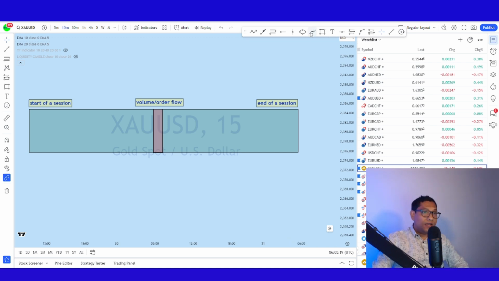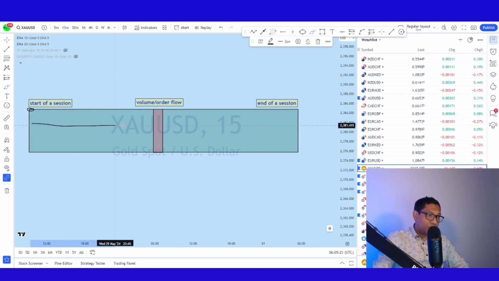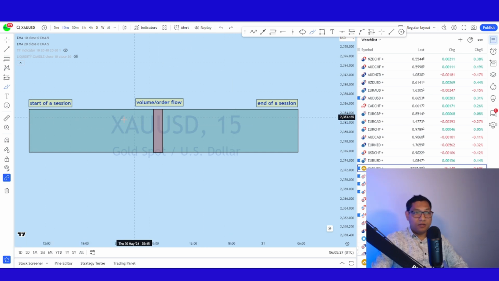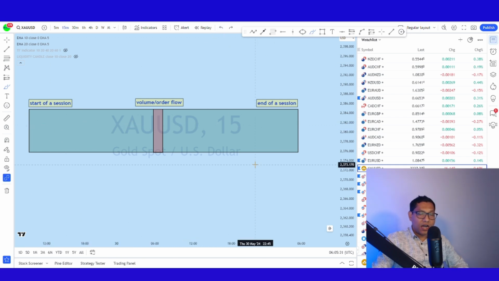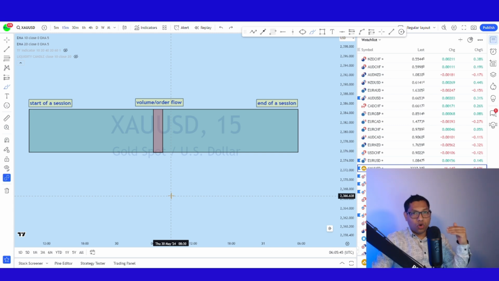If you look at a session, this is the start of a session, and you'll see that for most of the session the market remained flat or sideways, and during that time, most of the time, any trader trading will lose money. But only in a very narrow window the volume comes in the market, the order flow comes, and suddenly the market breaks out or breaks down and starts to trend.